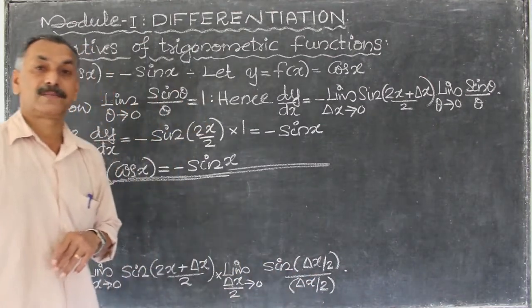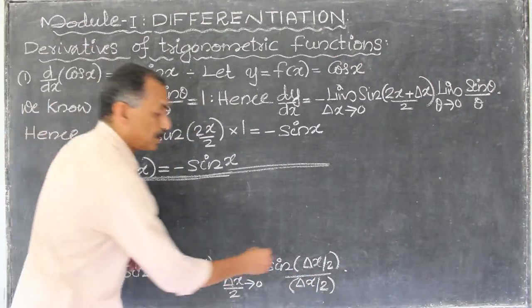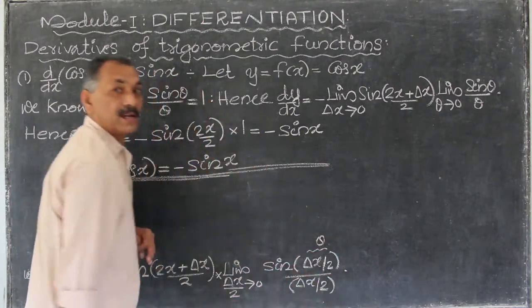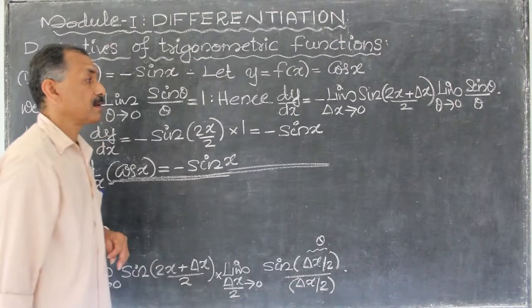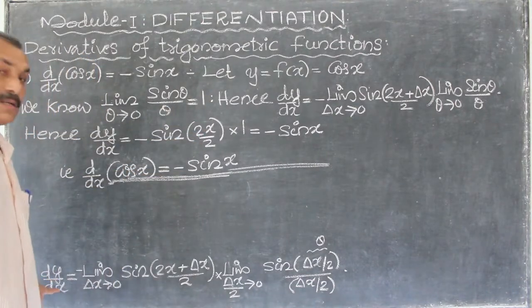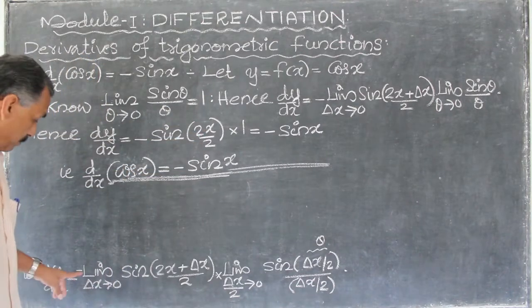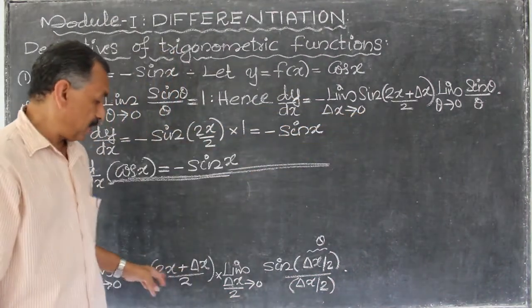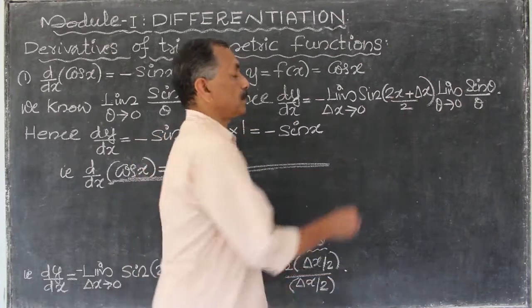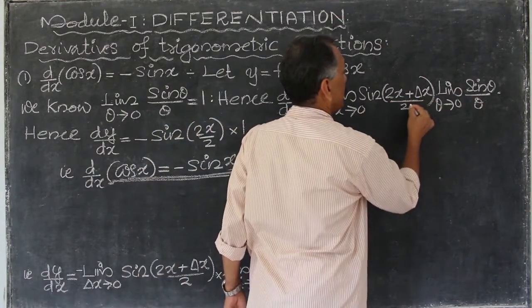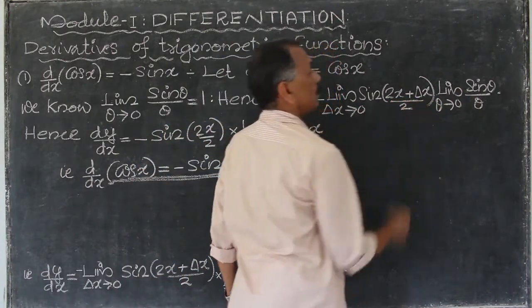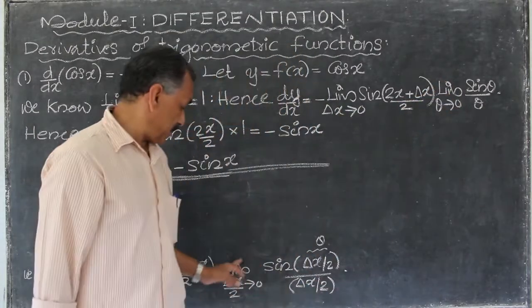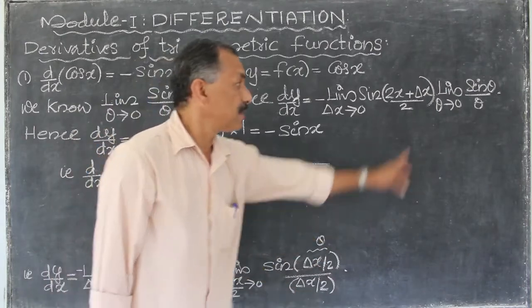The limit as theta tends to 0 of sin theta by theta is equal to 1. So substitute theta for this; it becomes sin theta by theta as theta tends to 0. Therefore dy by dx is equal to minus limit delta x tends to 0 of sin of (2x plus delta x by 2) into limit theta tends to 0 of sin theta by theta.